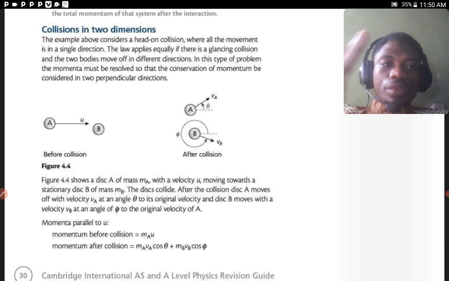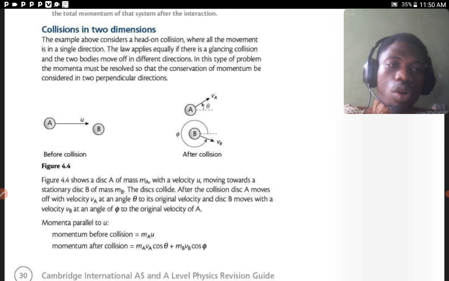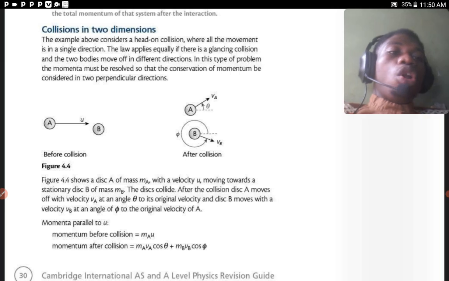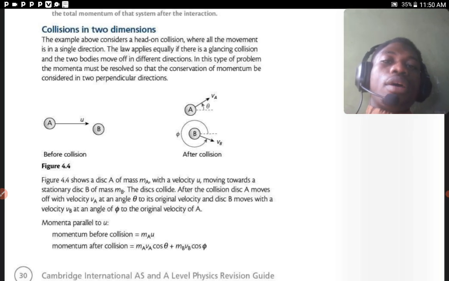Then they have a head-on collision with each other. Now I want you to know that in this kind of situation, the law still applies in the same way. The law of conservation of linear momentum still applies normally.